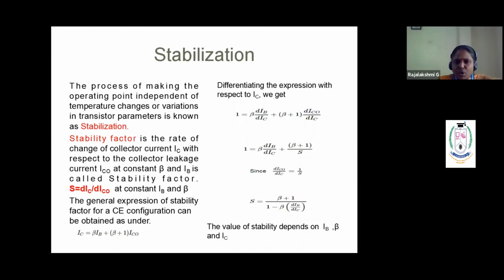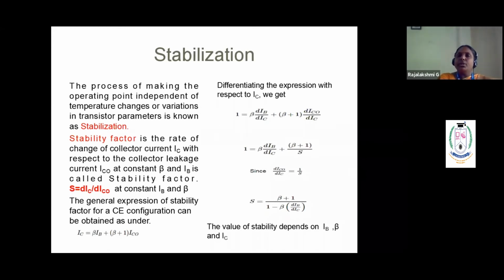What do you mean by S actually? S is dIC by dICO. So in place of dICO by dIC, put 1 by S, that is (beta plus 1) by S. After substituting, you get the stability factor. Normally after biasing, you will be calculating the stability of the biased circuit. So S is equal to (beta plus 1) divided by (1 minus beta into dIB by dIC). This is the stability factor.